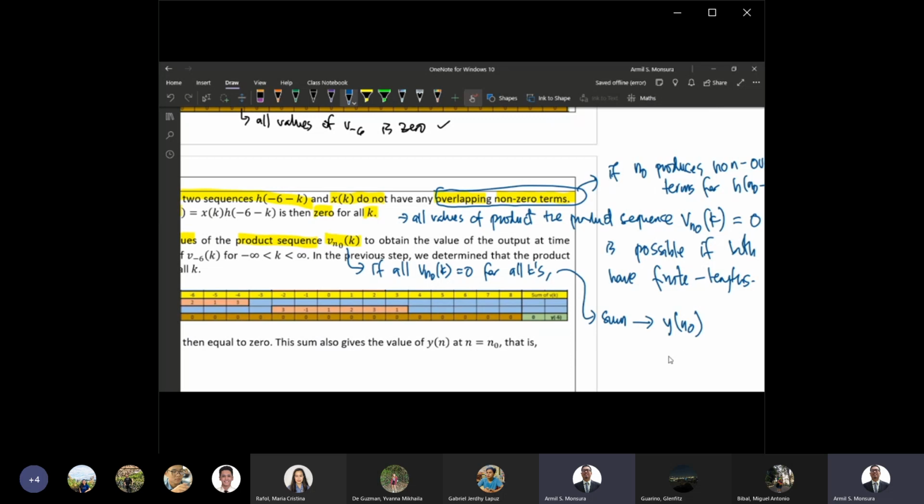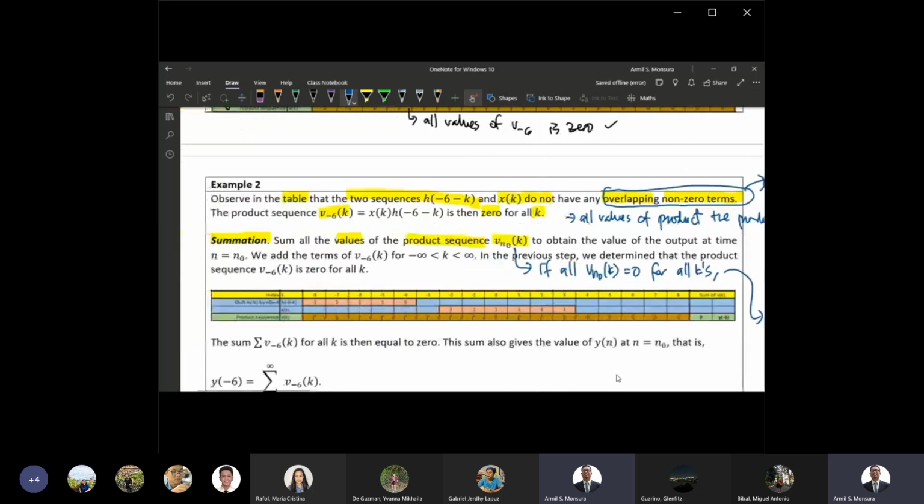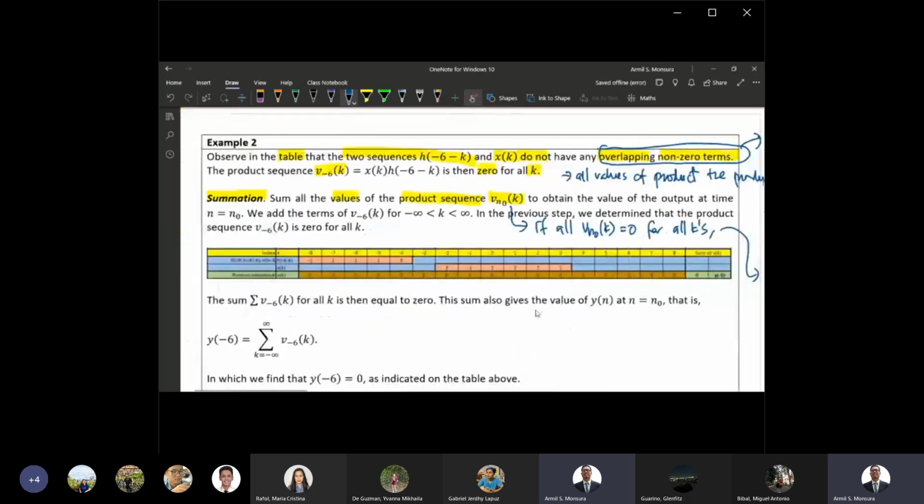Isa 'to sa mga sample values na hinahanap nyo. So therefore, yung magiging sum na yan, magiging equal din sa 0. So say for example, katulad sa case na 'to, since the product sequence here are all 0, pag inadd nyo lahat yan, magsasama pa yan sa 0. Eh yung sum na yan is actually equal to y of negative 6.